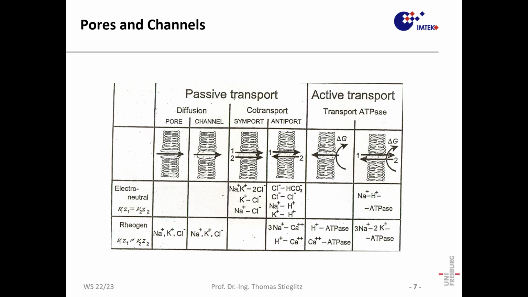And therefore we need energy, and that energy comes from whatever energy source in the human body. It's quite often adenosine triphosphate, and then we split it up from ATP in adenosine diphosphate, ADP, and free phosphor, having then that delta G as free enthalpy to drive that ion against an electrical and or diffusion gradient.